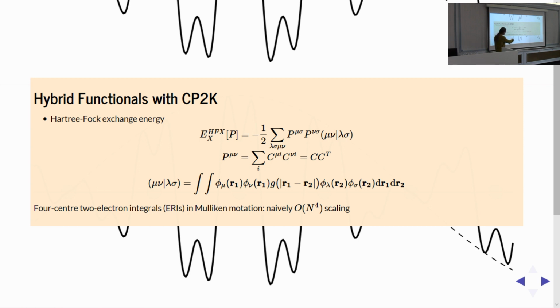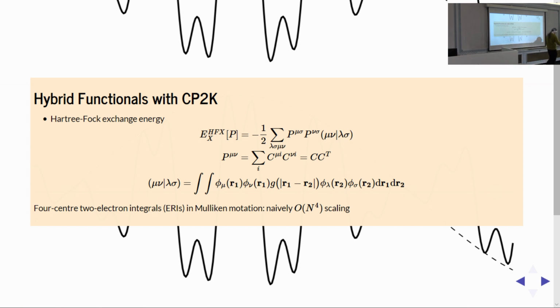The kernel, normally this will just be a Coulomb interaction, 1 over r12, the distance between the two electrons, and then two other basis functions that are to do with the second electron. So you can see we've got basis functions 1, 2, 3, 4. They can all be the different basis functions that we are using, the different Gaussians we use to expand the density matrix. And so naively, if n is the number of basis functions, there will be n to the 4 of these things that we've got to calculate.